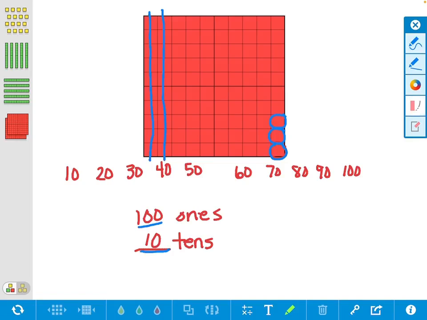Or I could forget about all that and just simply say that I have 100. I have a 100 model, okay?